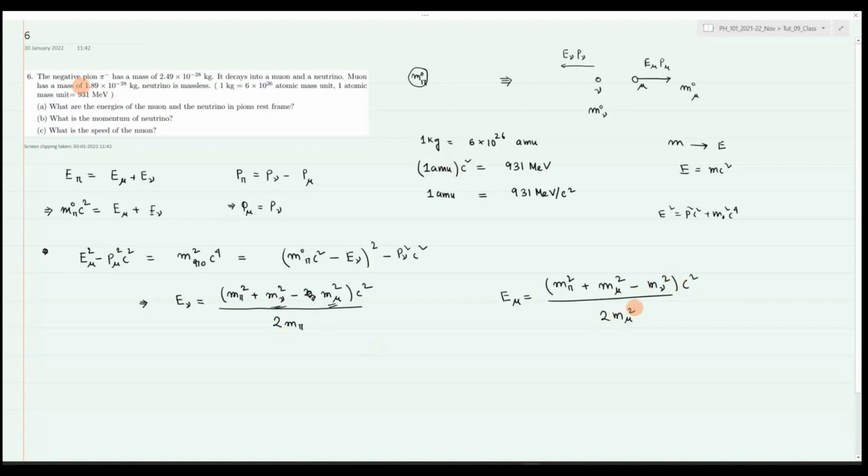Here it is 2, this is the same, it will be pi only. These two things you will get. Now you know that the neutrino mass is 0, so this will be 0. Now you substitute.